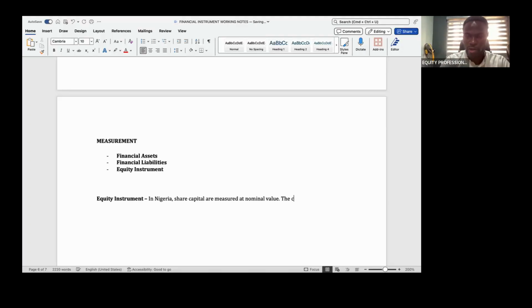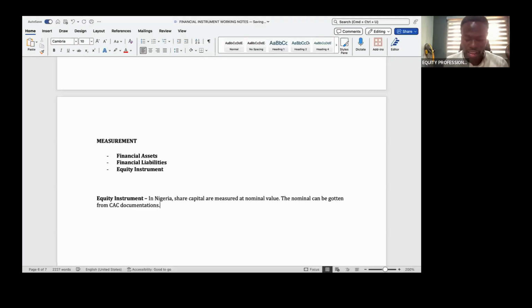The nominal value of shares can be gotten from CAC documentations, either from 7A or from 2A, I guess. So you will have registered your nominal value there. So anything that goes into your books as equity, as share capital, you must recognize it at its nominal value.